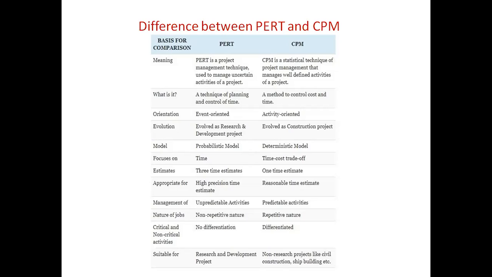Then the nature of job is non-repetitive for PERT, and the repetitive nature projects will use the CPM technique. Non-repetitive nature means job type of products or plans, because every time the same type of project will not be taken up.